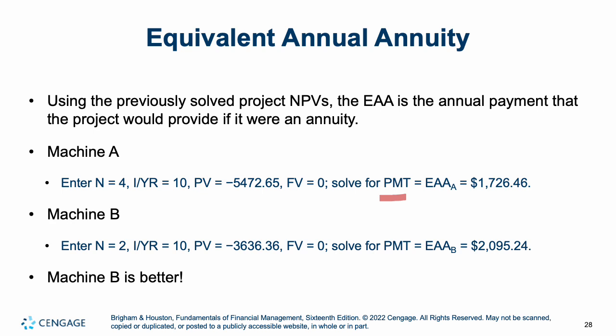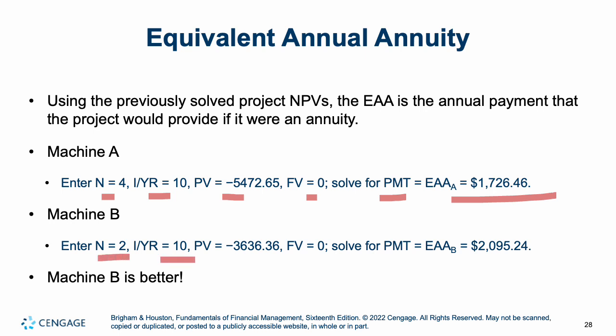For machine A, we're going to enter 4 years, interest per year 10%, present value, future value, and it's going to give you your equivalent annual annuity, or how much it's earning you a year. Machine B, we can just use 2 now because it's going to take that into account.